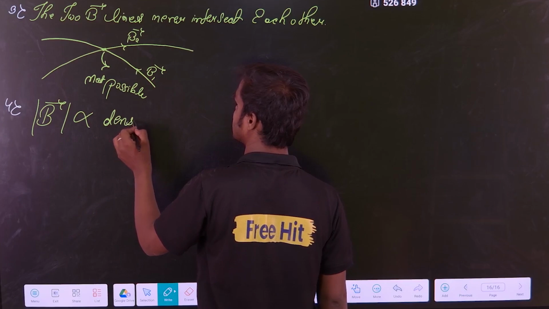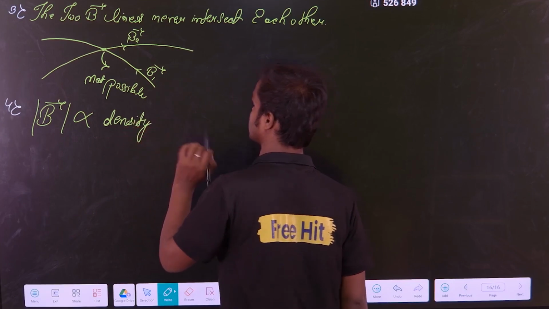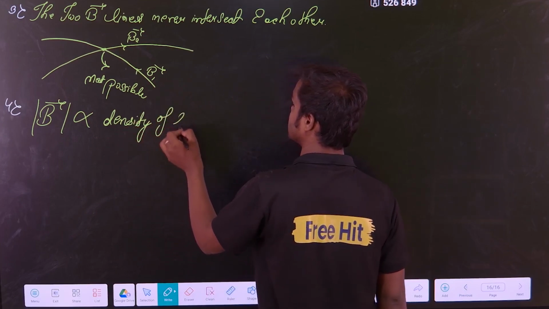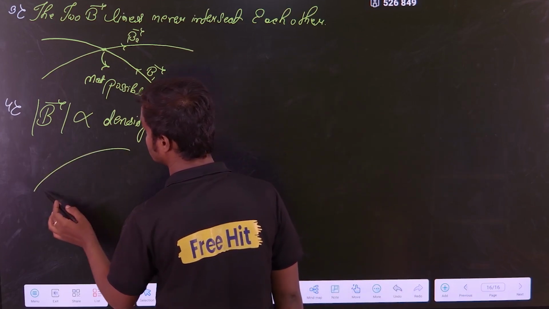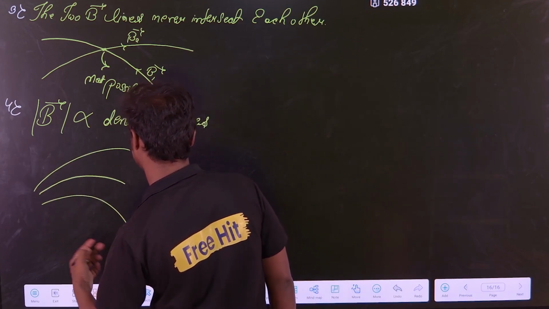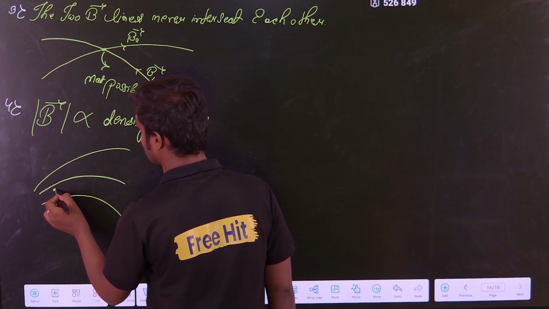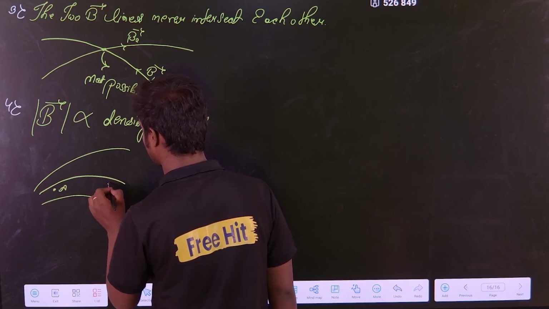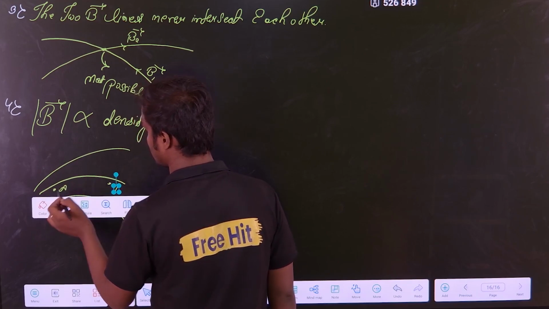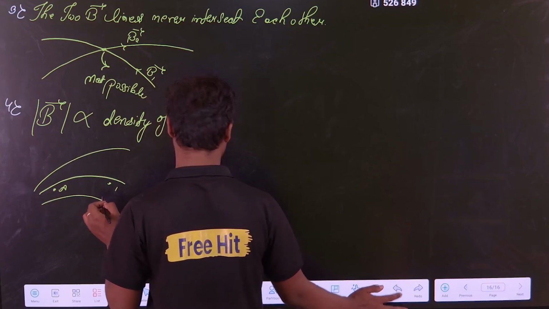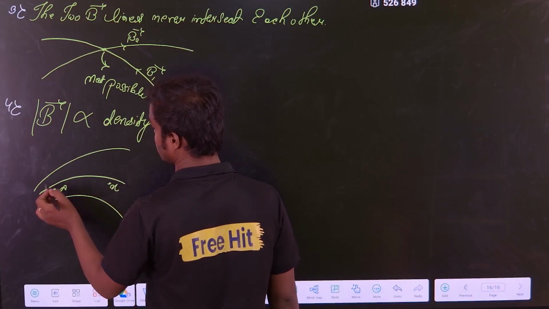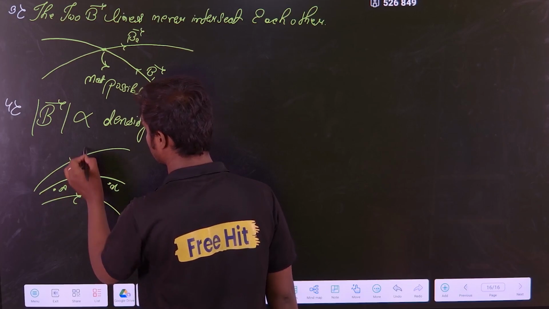Density of lines means, suppose we have lines like this. This is point A and this is point B, or some point X, and these are the magnetic field lines, correct?